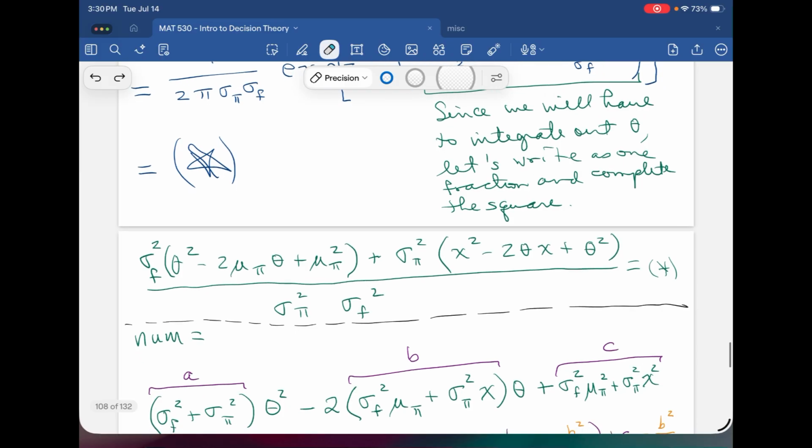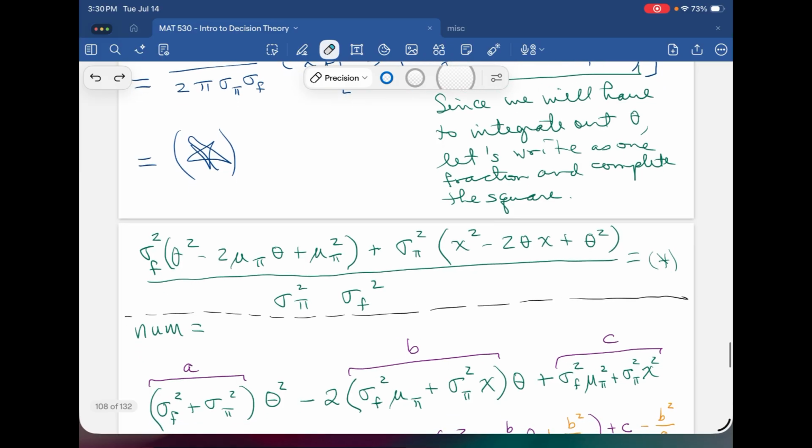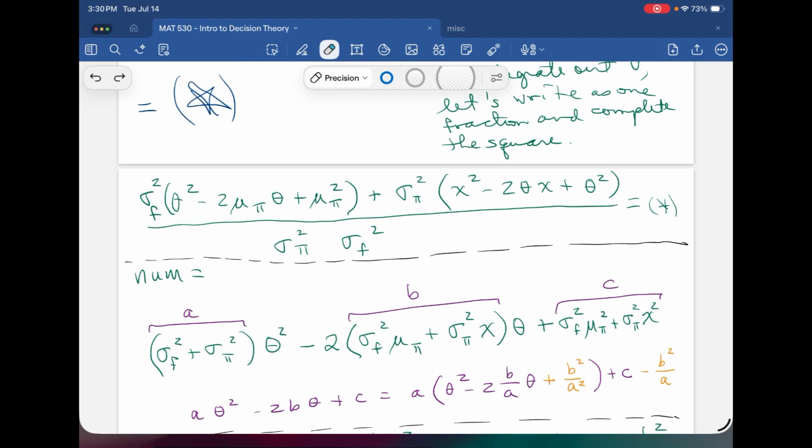And now let's just focus on the numerator and try to identify this as a quadratic in terms of theta. To simplify things, we're going to refer to the coefficient of theta squared as little a, and similarly this we're going to refer to as little b and little c. And note here that each one of these is either constant or a function of x.